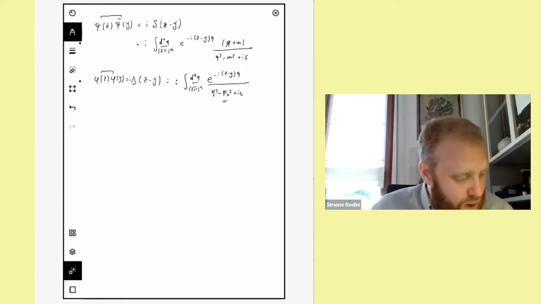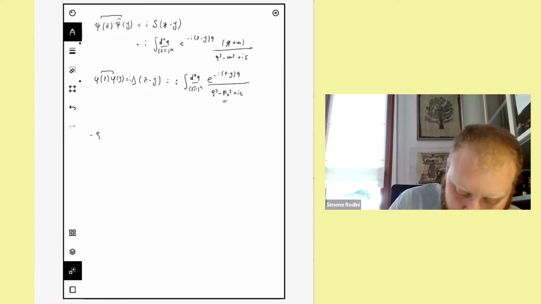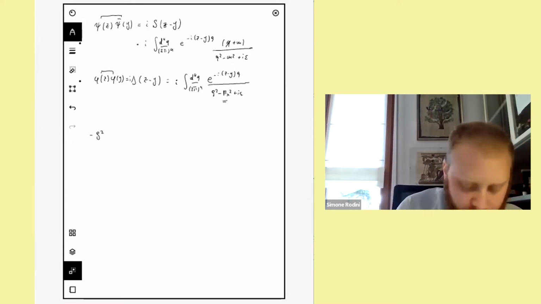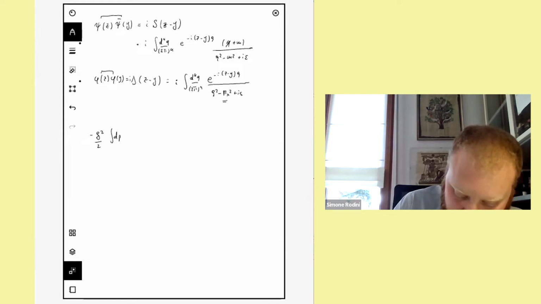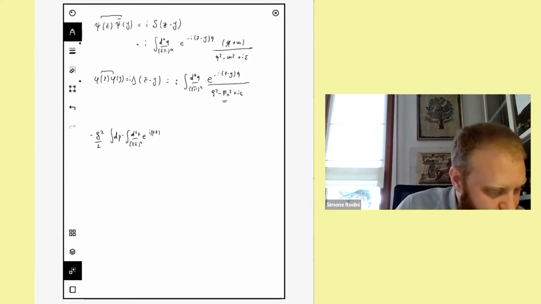This is standard stuff. So your correlator becomes -g². The minus comes from the i², over 2, which is the symmetry factor. Then you have the integral over P minus, the integral over d⁴z, e^{iPz}.